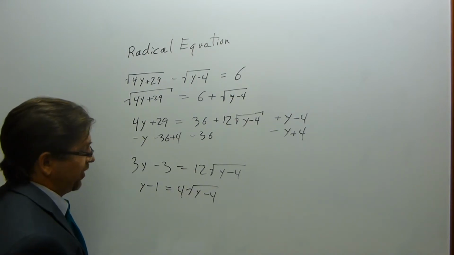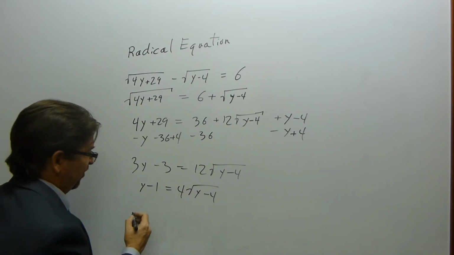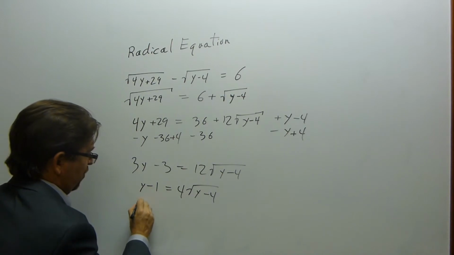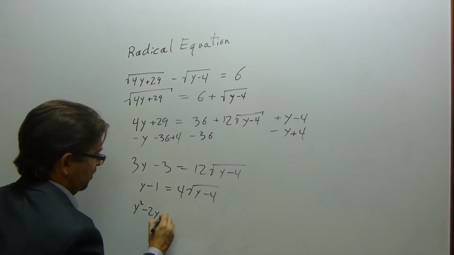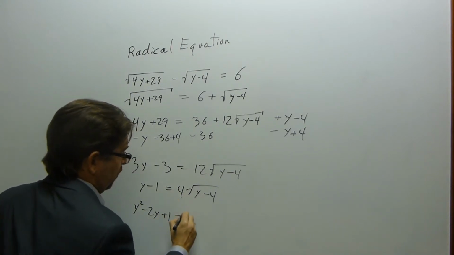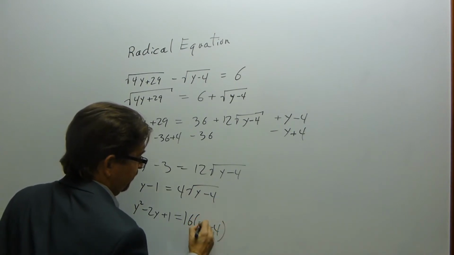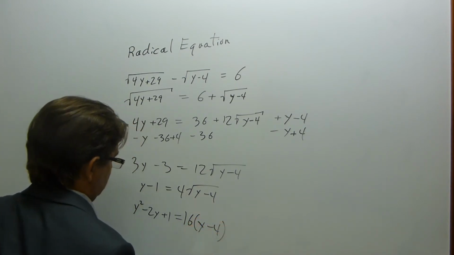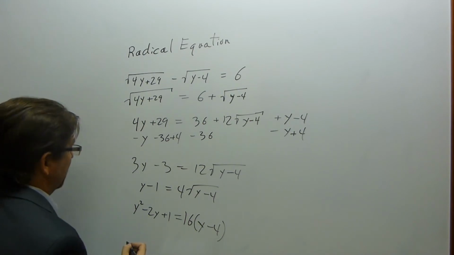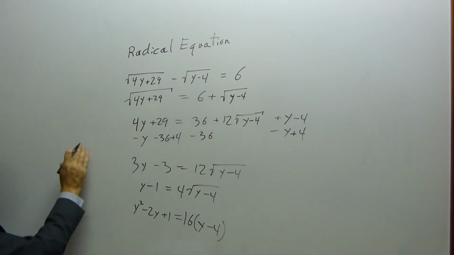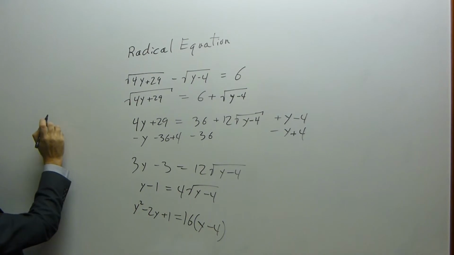So, okay, now let's square both sides. We have y squared minus 2y plus 1 equals 4 times 4 is 16, y minus 4. Let me move myself over here so we have a bit more room.